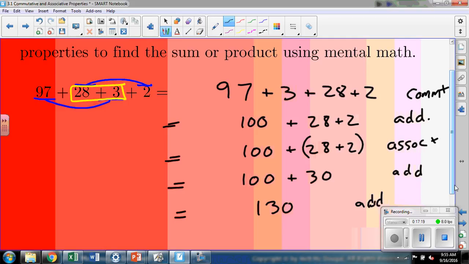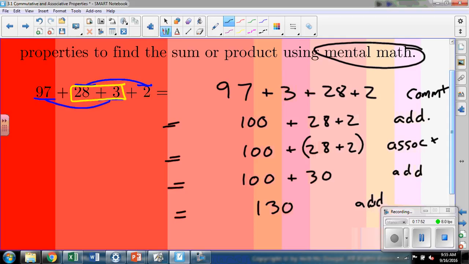And I know it seems kind of silly where they're like, use mental math, and doesn't mental math mean you did it all in your head and then you didn't actually write anything down? Yeah, it does, but this isn't a problem that says we want you to use mental math. It's saying, I want you to show me what you would do in your head when you do use mental math. This is a process that you'll go through very, very quickly.